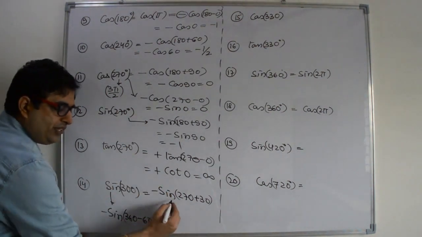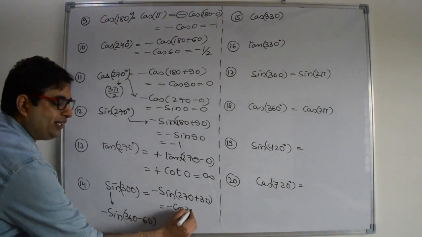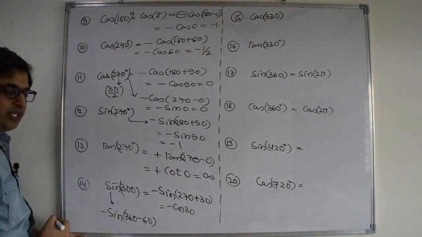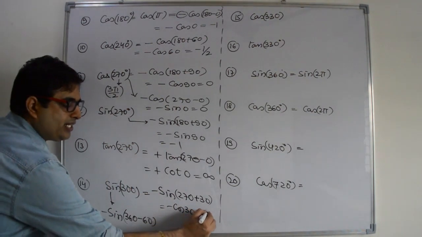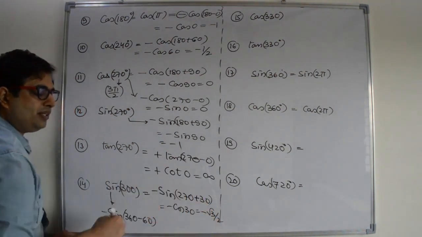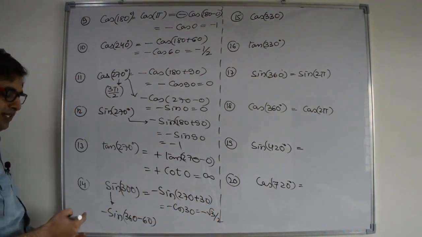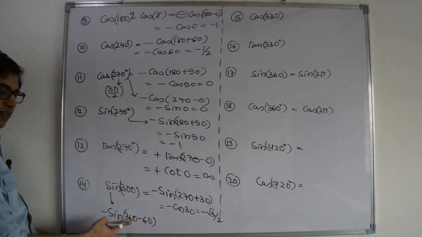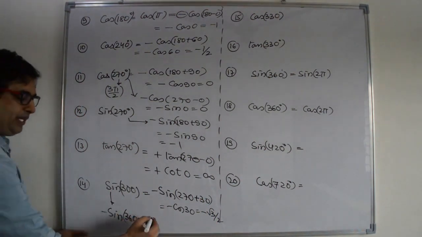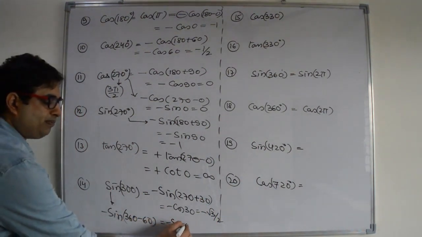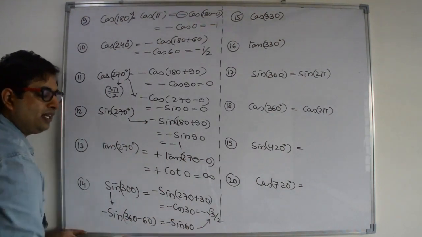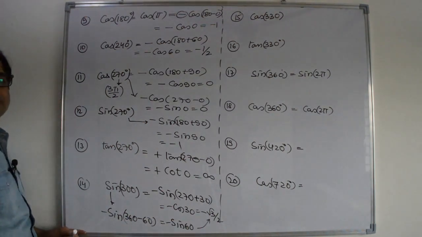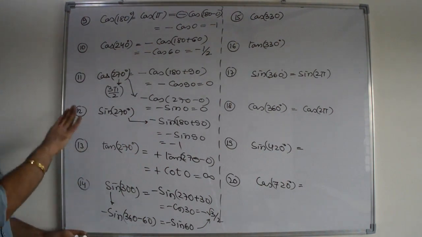If we have 270, then we have to change the quantity. Sine becomes cos, and cos 30 gives minus root 3 by 2 as the answer. And when we have 360, sine will remain sine, so it is also minus sine 60, that is again minus root 3 by 2. Right? I hope you got this.